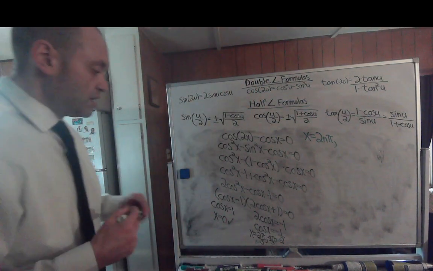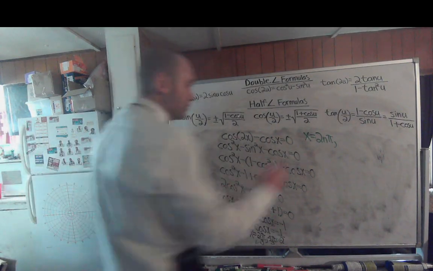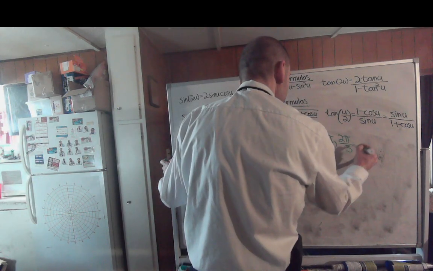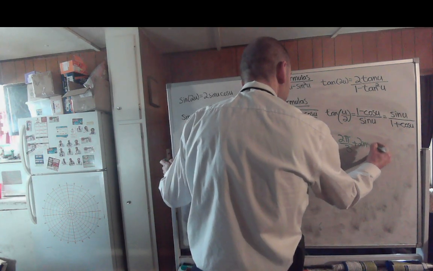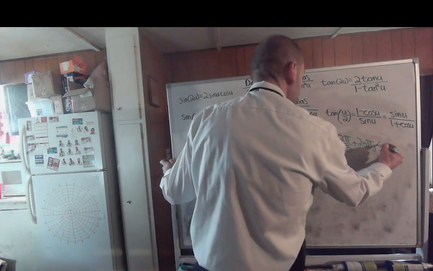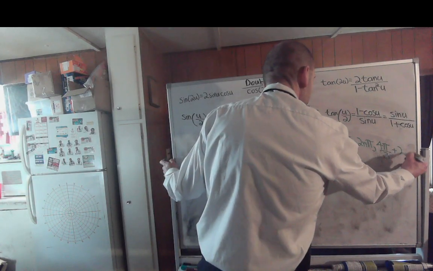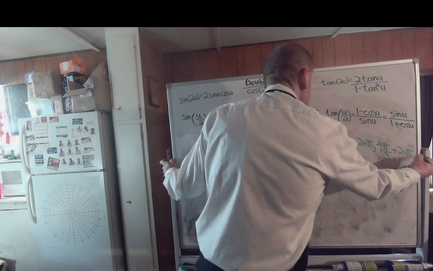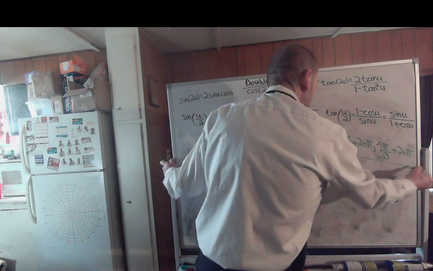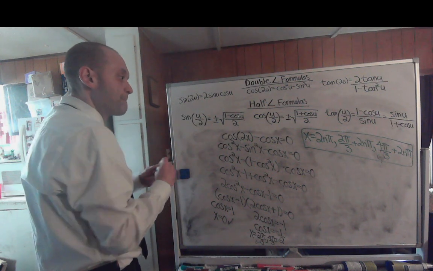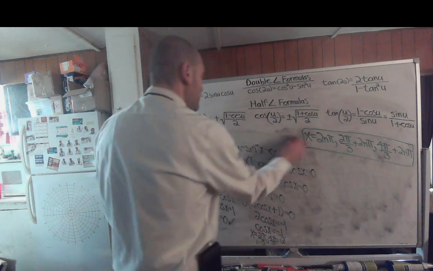And then you would have 2 pi over 3 plus 2n pi. And then you'd also have 4 pi over 3 plus 2n pi. So those would be your three general solutions to this particular trig equation. All right, I got three more.